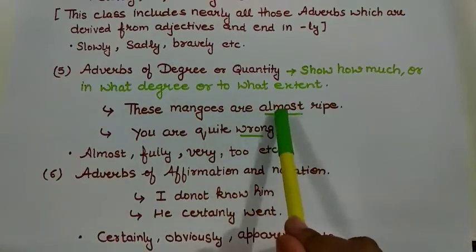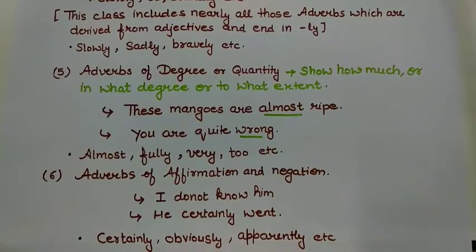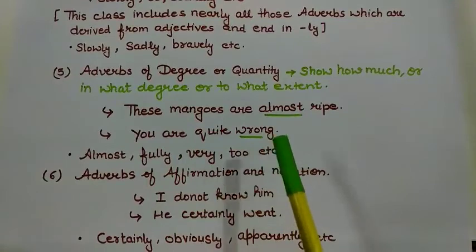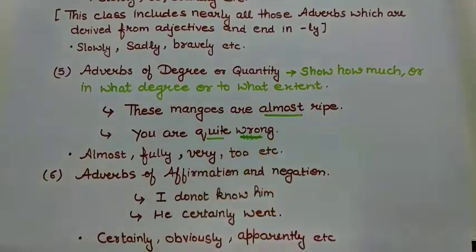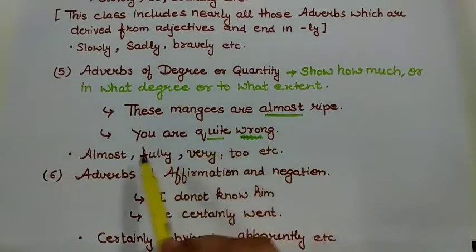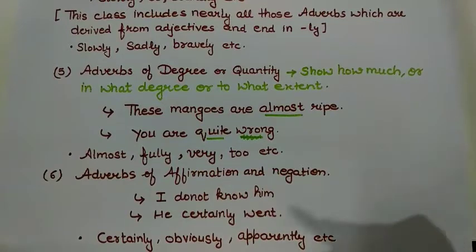Here this almost is showing up to what extent they are ripe. You are quite wrong. The word quite should be underlined. So the words like almost, quite, fully, very, too, etc. show adverb of degree or quantity also.